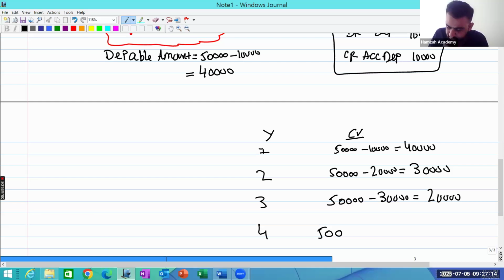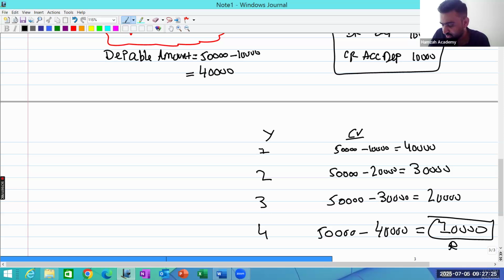And in year four, the accumulated depreciation will become 40,000 and the last carrying value will be 10,000, which is equal to the residual value, the amount which will not be depreciated. So in these 4 years, you have depreciated the depreciable amount, which is 40,000. In the straight line method, that depreciable amount has been spread evenly over the life of the asset.